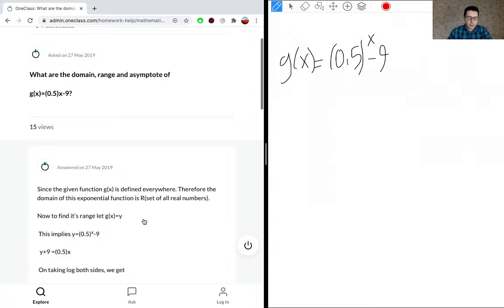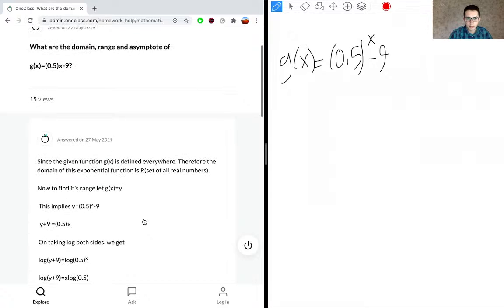So in this scenario, for any x value that we substitute here, 0, 1, 2, 3, 4, or negative 1, and so on, we would get a value for y. So here the domain is just the set of all real numbers.